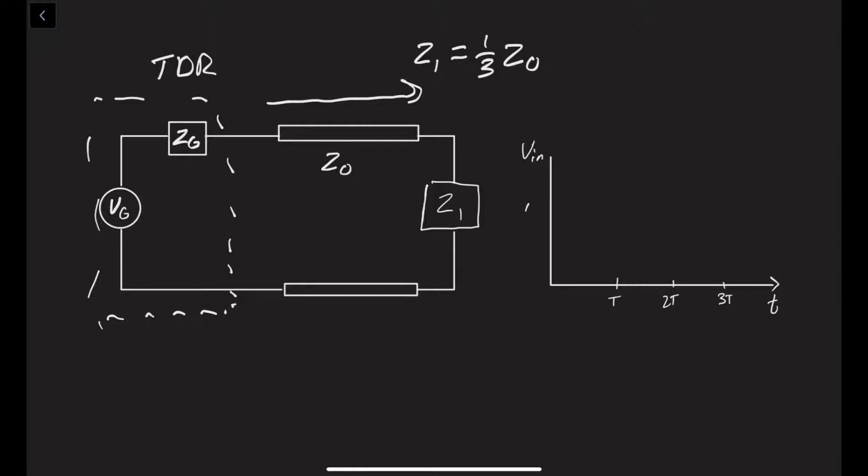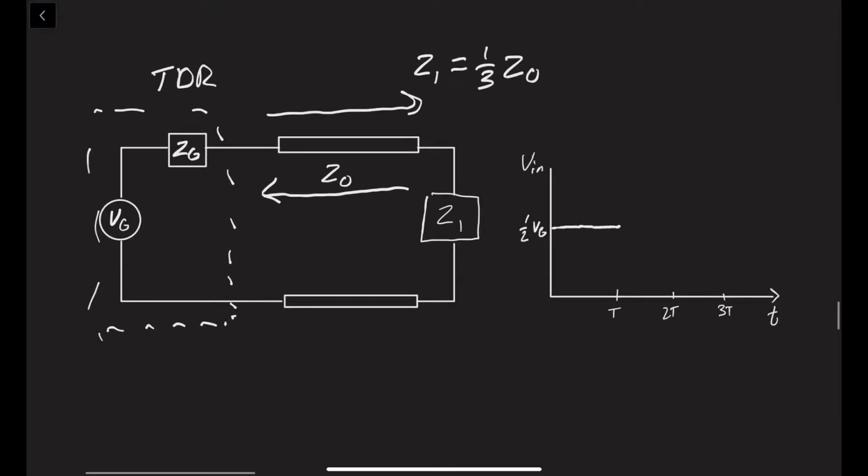So that's going to be 1/2 Vg that will initially propagate down the line. If it takes time t to propagate down the line, then at time 2t, the reflected wave will return to the TDR. The reflection coefficient will be new minus old over new plus old, so 1/3 minus 1 over 1/3 plus 1, which will be equal to minus 1/2.